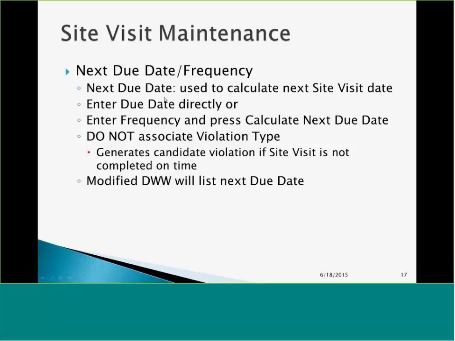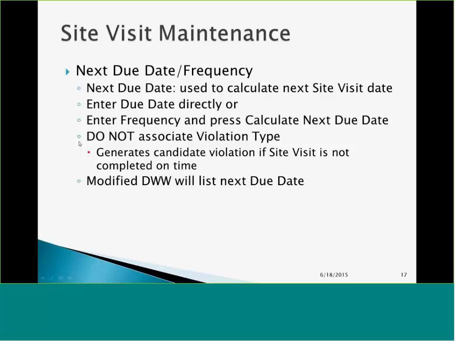Next due date frequency: like I said, SDWIS will calculate the next site visit date for you. You can enter it directly if you'd like. And these are just the instructions on how to have SDWIS do that. You enter the frequency and press calculate next due date.